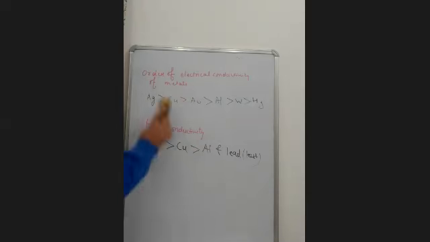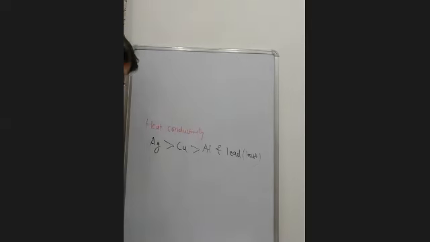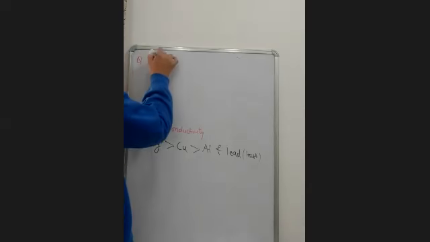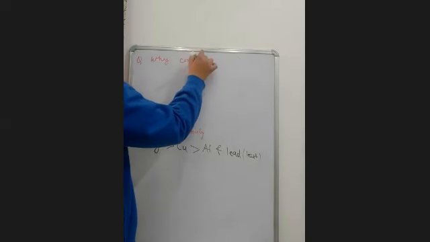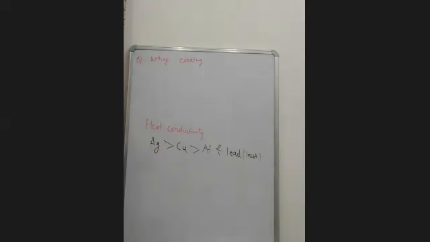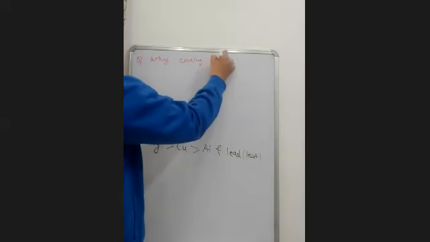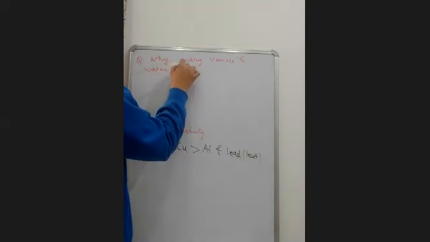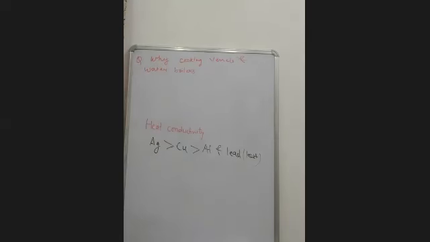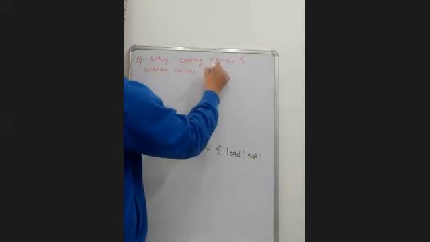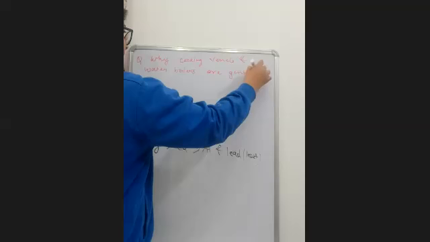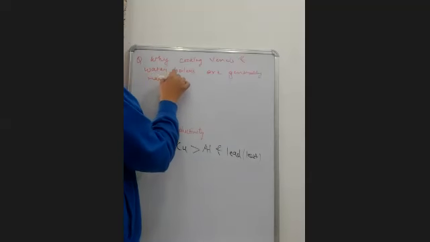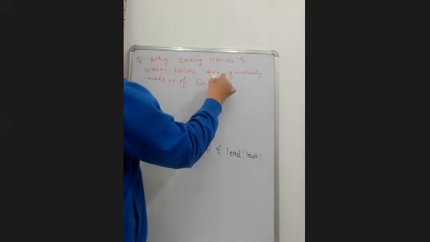On this basis, now we will do a question. The question is, why are cooking vessels and water boilers generally made up of copper and aluminium?